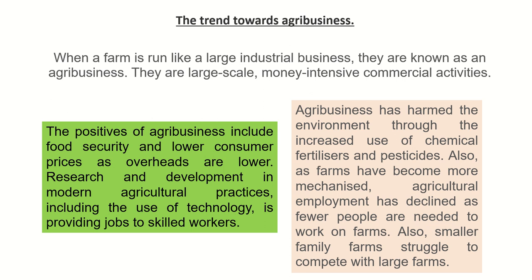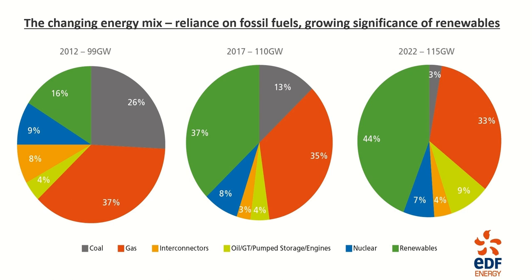And smaller farms have struggled to compete, and therefore we have had agricultural decline as there are fewer people now working on these farms. It's mostly machinery and the use of technology, which is providing work for more skilled people in that tertiary and quaternary sector, but the traditional farming jobs are disappearing and the environmental impacts are not necessarily brilliant for agribusiness.